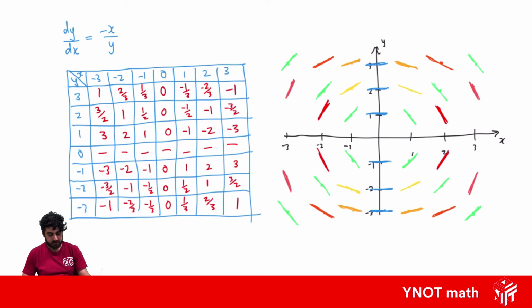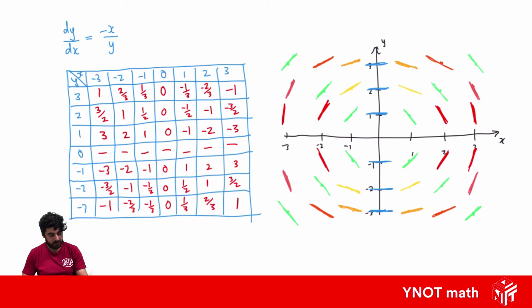And that just leaves us with gradients of 3 at -3, 1. So about there. And also at 3, -1 over here. And gradients of -3 at 3, 1. So here.